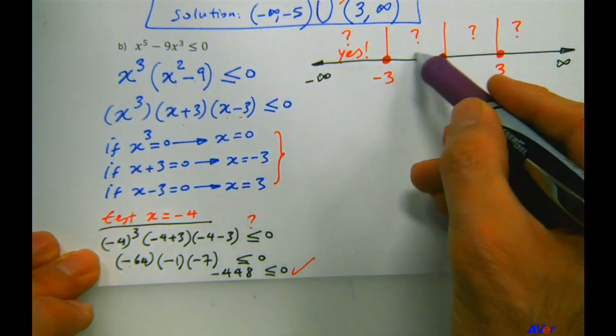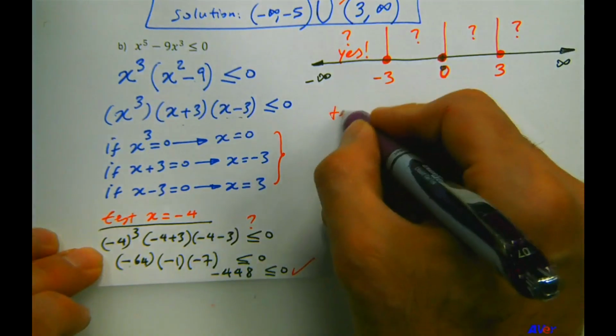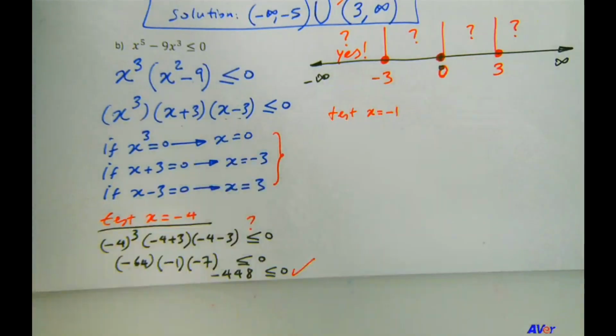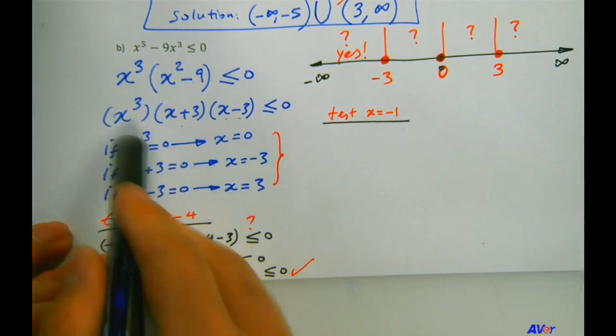Let's pick a number in this region between negative 3 and 0. The easiest number would be negative 1. Plug it in here.